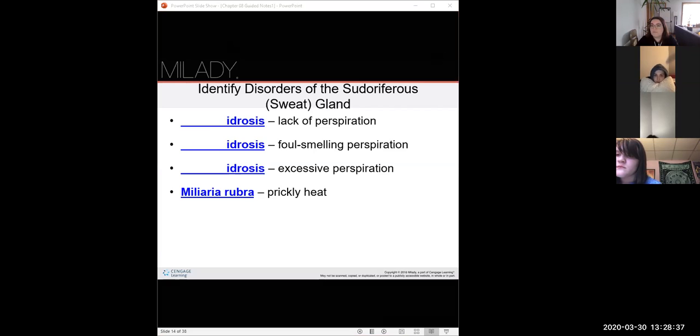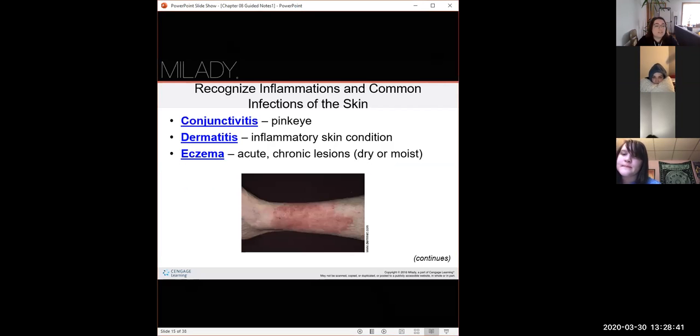Conjunctivitis is a fancy way of saying pink eye. I know there are a couple movies that make fun of conjunctivitis and pink eye because it really is a bacterial infection from the eyes. It's super contagious, and you can get it if you have fecal matter in your eyes.